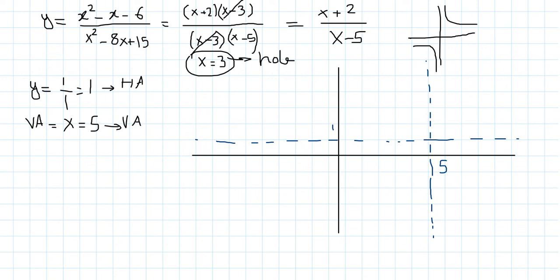But I know in 3 I should have a hole. Suppose that 3 is here. So it comes till here, and I will have a hole because it is not in my answer. And I continue. So easily I drew it.